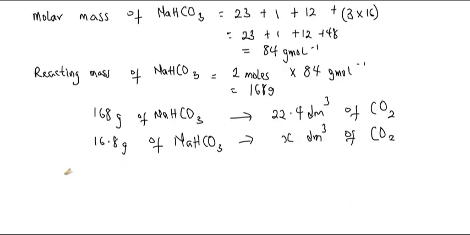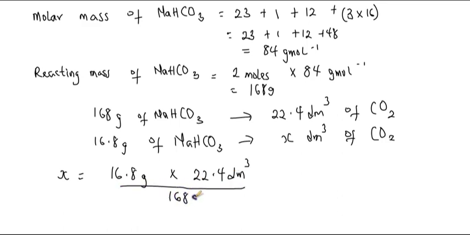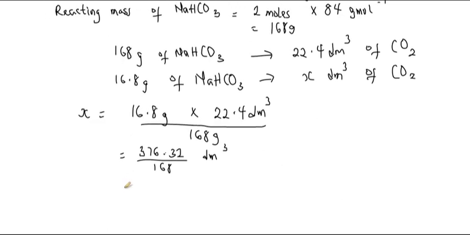So from here, x will then be equal to 16.8 grams multiplied by 22.4 dm cube divided by 168 grams, which is equivalent to 376.32 for the numerator, then the denominator remains 168 and our unit dm cube, which gives 2.24 dm cube.